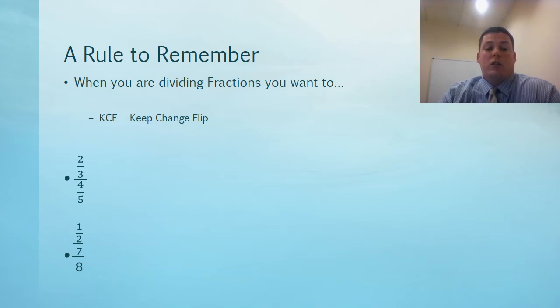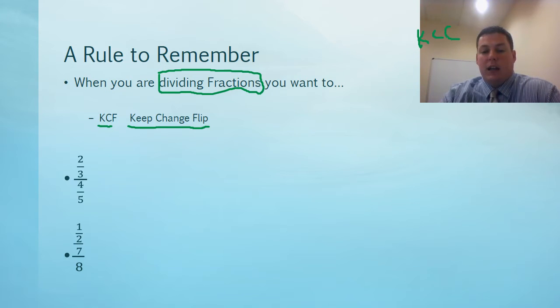There is one additional rule to remember when dividing, and this is specific to dividing fractions. We're going to use KCF, or keep, change, flip. Remember when we were subtracting, we used KCC. A way I remember to differentiate between KCC and KCF is for KCF, you think of the F with fractions. Anytime you're dividing fractions, you use keep, change, flip.